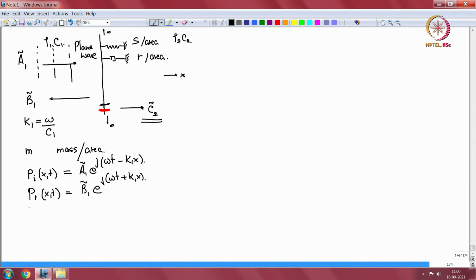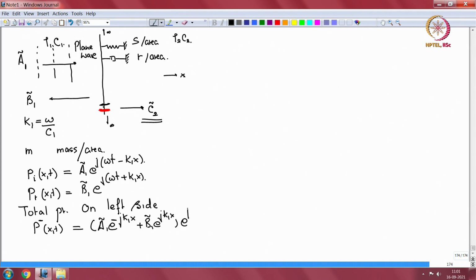So the total pressure on the left side, let us call it P minus, is equal to A1 tilde e to the power of minus j k1 x plus B1 tilde e to the power of plus j k1 x, into e to the power of j omega t.